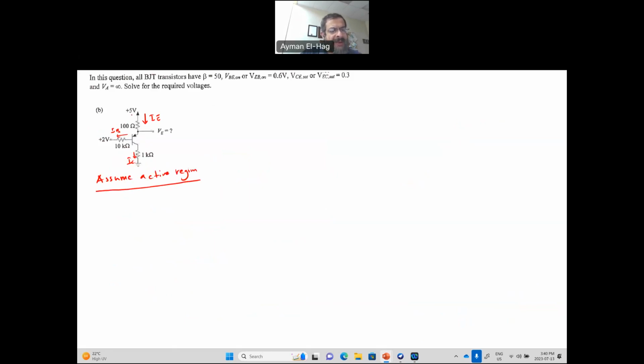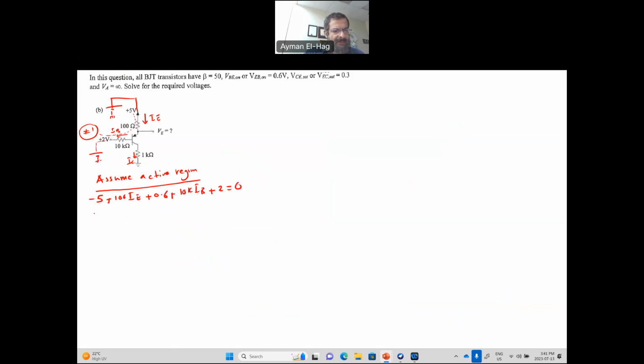So we will do KVL in this loop. I will call this loop number 1. This is the voltage supply, and this is the ground. We'll start from here, going all the way until we come back here. So we have minus 5 plus 100 times IE plus 0.6 plus 10K IB plus 2 equal to 0.